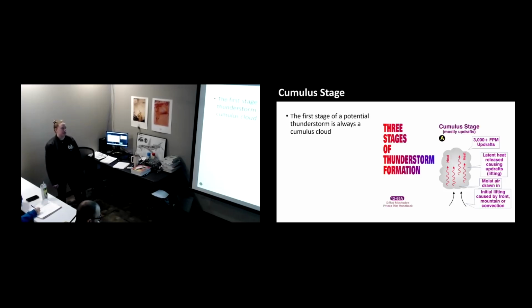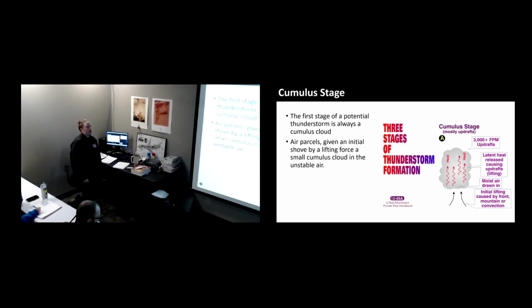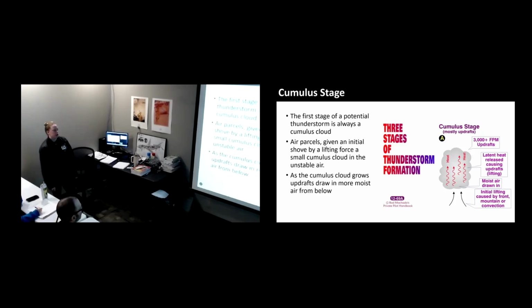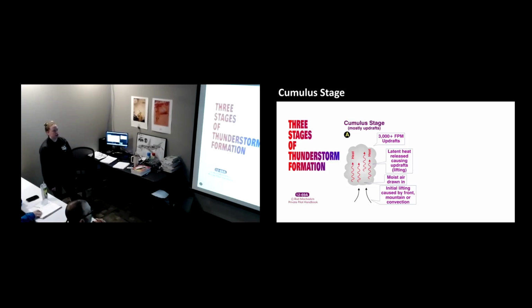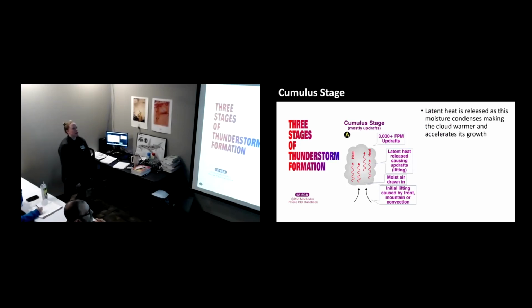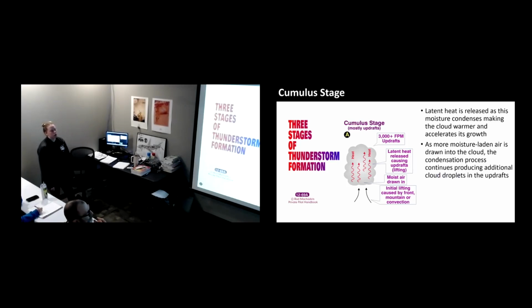So the cumulus stage is the first. Air particles are given their initial shove. The cumulus cloud grows and becomes moist. Latent heat is released and the moisture condenses, making the cloud warmer and accelerating its growth. As more moist air is drawn into the cloud, the condensation process continues, producing additional cloud droplets in the updrafts.